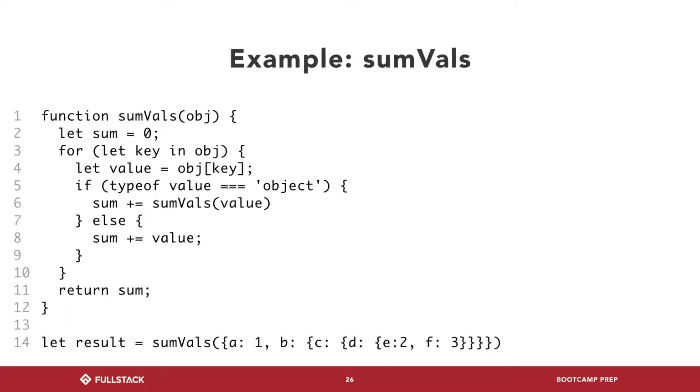One is it keeps track of a sum, and two is it's able to go through every value in an object. Whenever I encounter a number, I use the sum functionality, and whenever I encounter an object, I use the go through every single value in the object functionality.